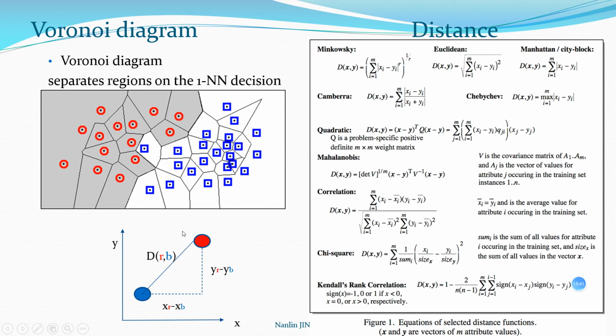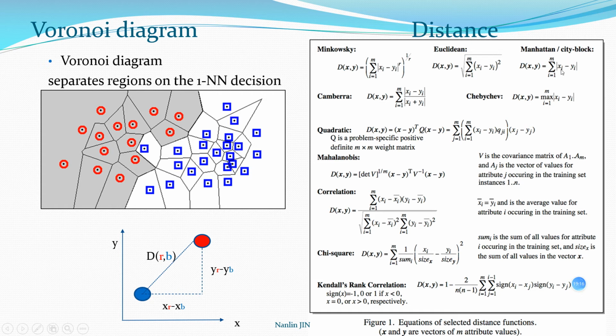There are many ways to calculate distance. I've got one record, the blue one, which has x equals this, y equals this, and also the red one which has its own x, y values. How do we calculate the distance between them? Probably the city block is a very traditional way to measure distance.